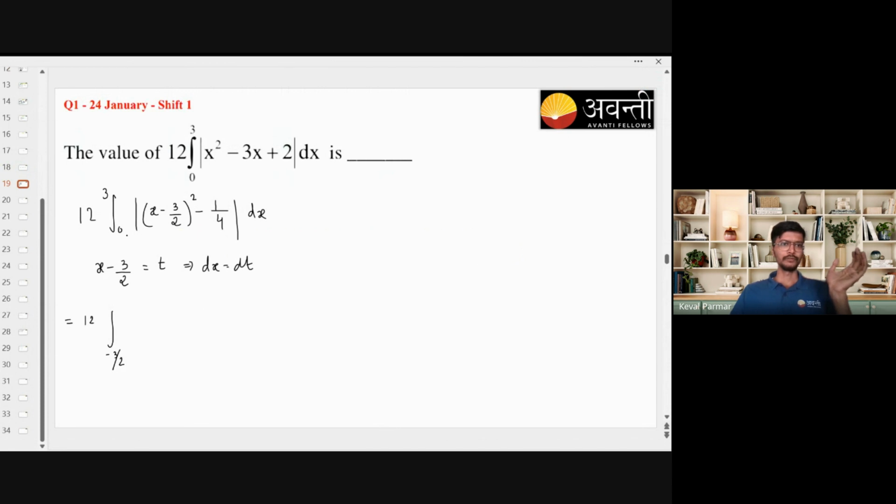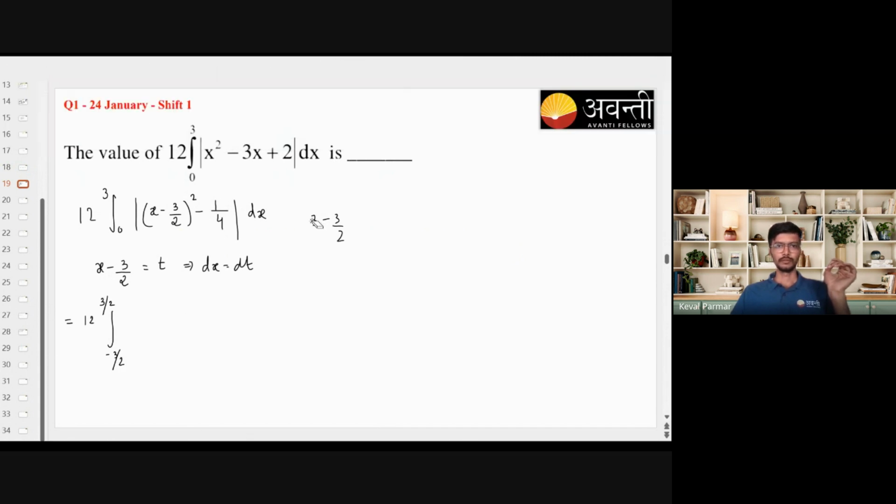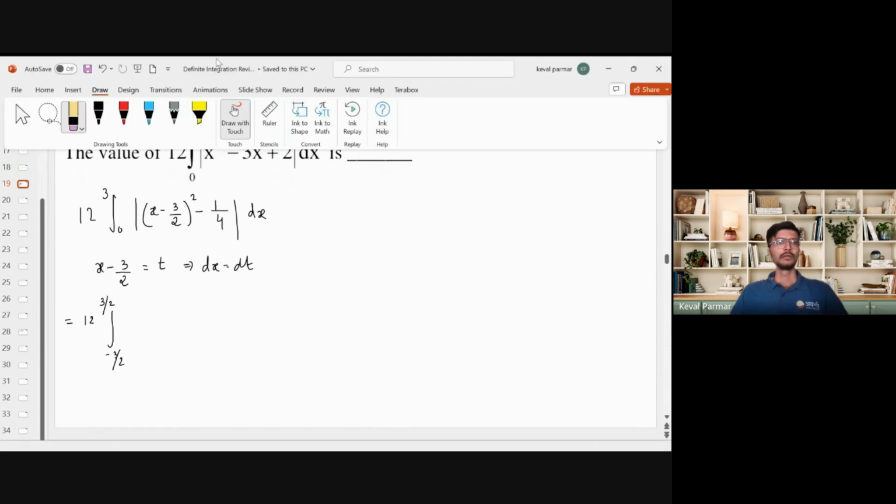So when x is 0, t is minus 3 by 2. And when x is 3, t is 3 minus 3 by 2, so it will be 3 by 2. Please tell me if I make a calculation mistake; that's why I'm progressing very slowly.